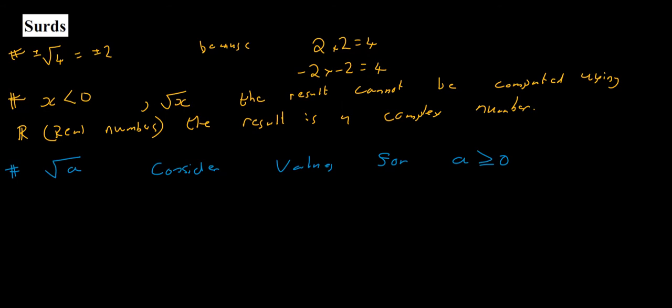Okay, so let's get a formal definition. A surd is a number such that the square root of that number n cannot be simplified.